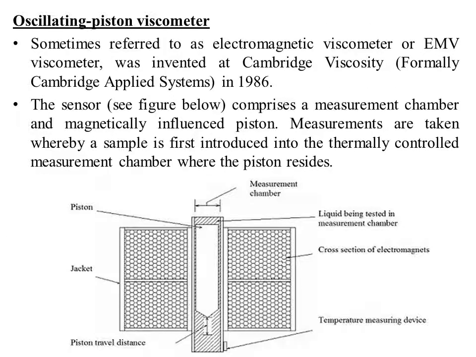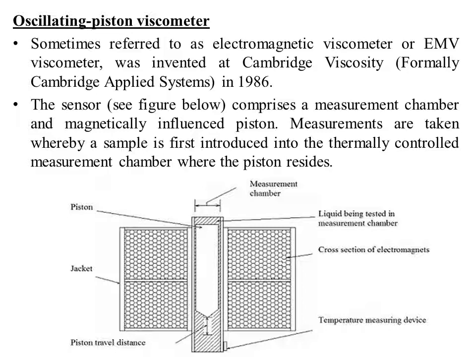Oscillating piston viscometer is the next type of viscometer, sometimes referred to as electromagnetic viscometer or EMV viscometer, which was invented by Cambridge Viscosity in 1986. So the sensor comprises a measurement chamber and a magnetically influenced piston.